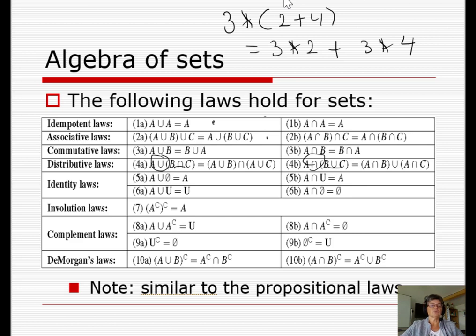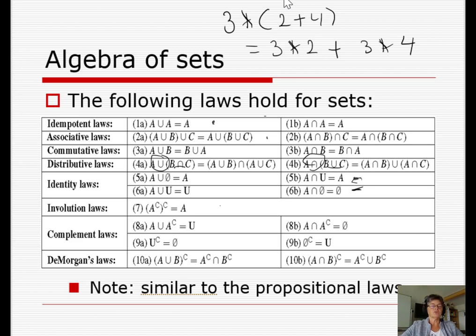A united with empty, A is the largest one, it stays A. A united with the universe, the universe is the larger, so it becomes the universe. If we take the intersection, then the opposite applies. It goes to the smallest one. So A intersected with the universe will give us A because A is the smallest. And A intersected with the empty set will become empty because that's the smallest.